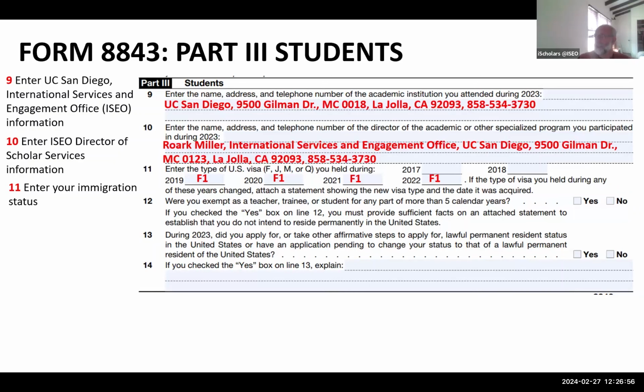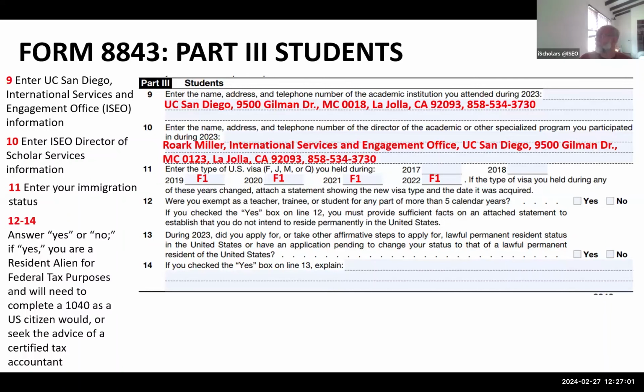So then they ask, were you exempt as a teacher, trainee, or student? And this particular situation is no. But if you were present in 2018 as well, then basically you would be checking yes. And then they ask, you must provide sufficient facts on an attached statement to establish that you do not intend to reside permanently in the United States. This is basically pointing you towards the direction that you're still trying to claim non-resident status for filing your tax return.